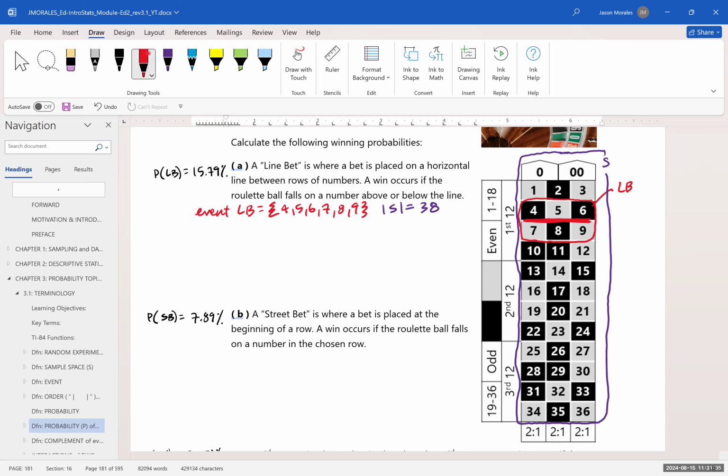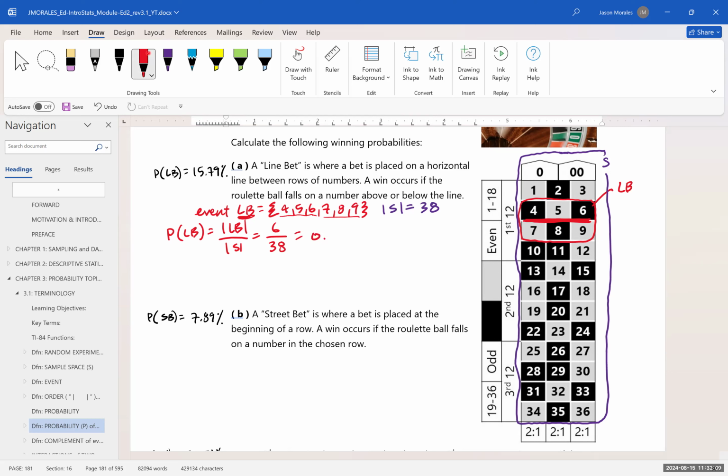All right, so we want to calculate the probability of getting a line bet. So the probability of getting a line bet is equal to the order of that event over the order of the sample space. And so what's the order of our line bet event? We've got 1, 2, 3, 4, 5, 6. And the order of our sample space is 38. So 6 divided by 38, you can do that on your calculator.